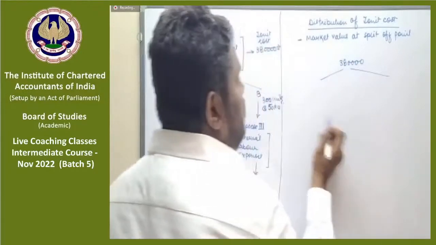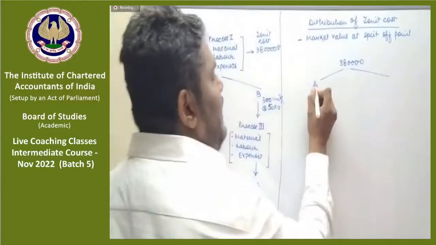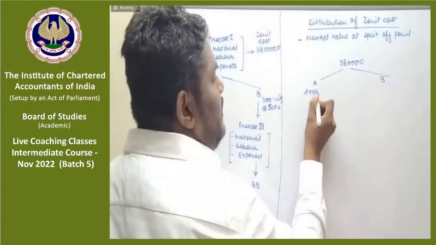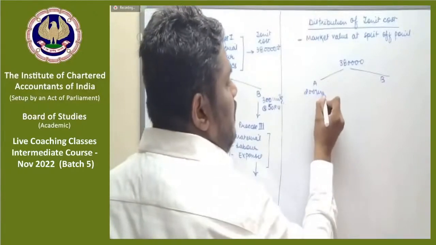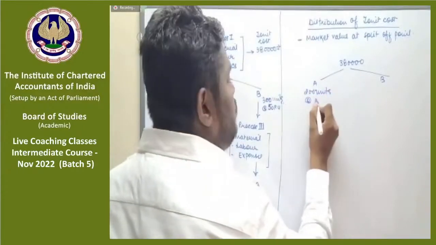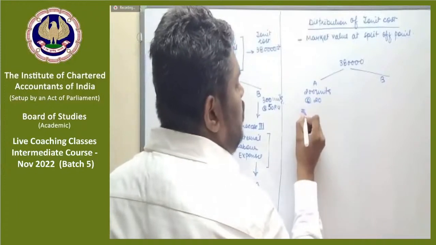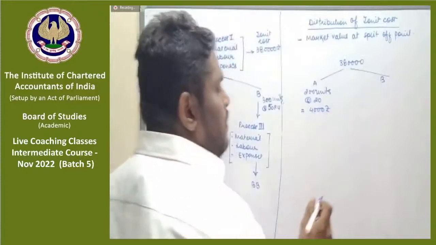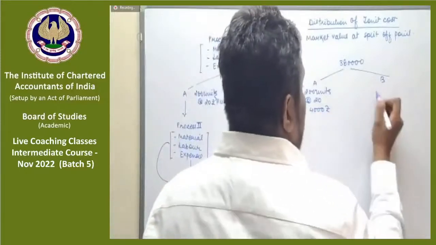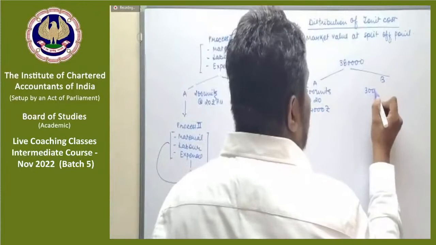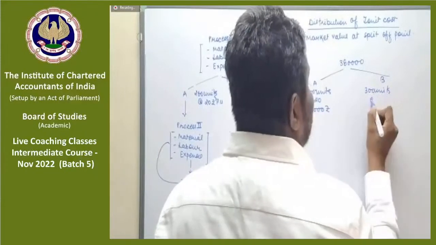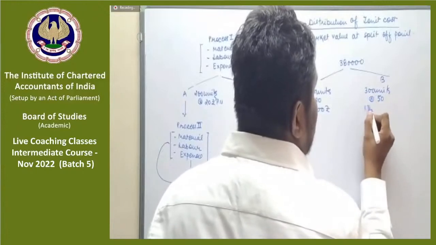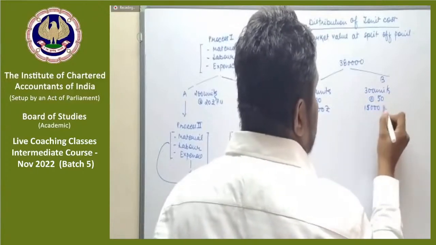When talking about the market value of A and B, since we manufactured 200 units and these units can be sold at the rate 20, the total market value is 4,000 rupees. Further, B, we got 300 units and this can be sold at the rate 50 rupees per unit. So 5 3s are 15,000 rupees.